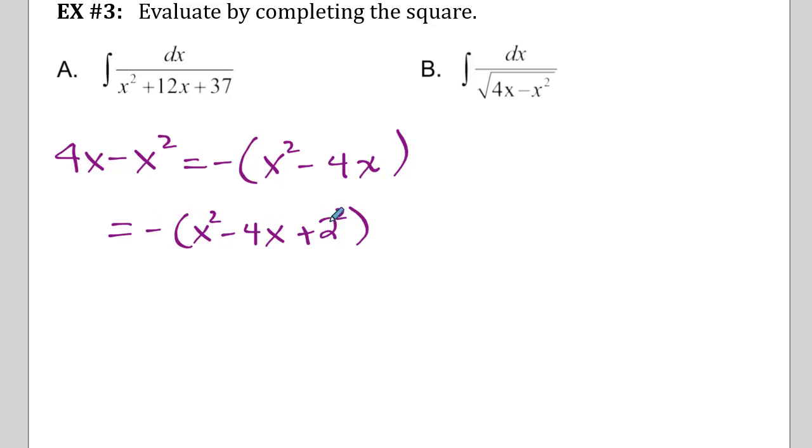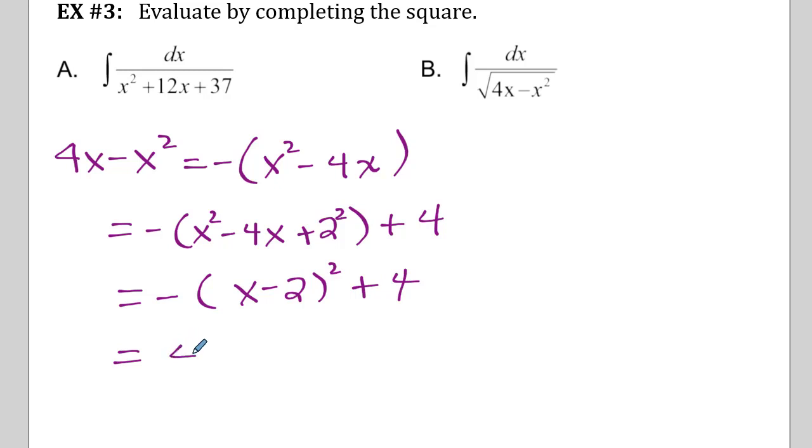So really, instead of just adding 4, what we did was subtract 4. To compensate, I'm going to add 4 over here. This gives me negative x minus 2 squared plus 4, or we can write this as 4 minus x minus 2 squared.